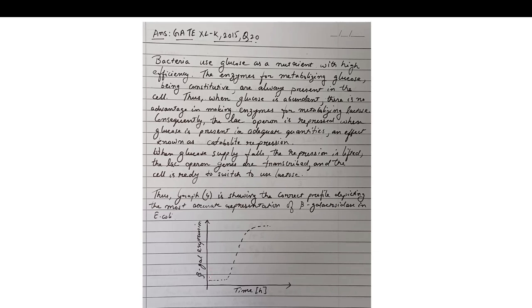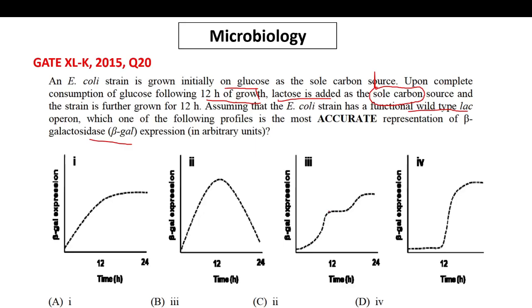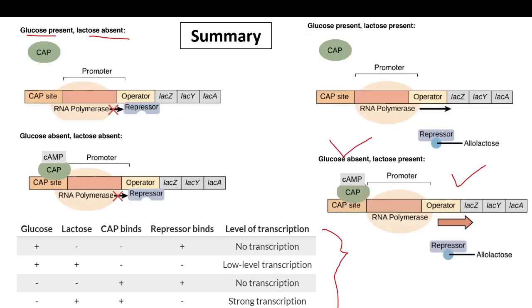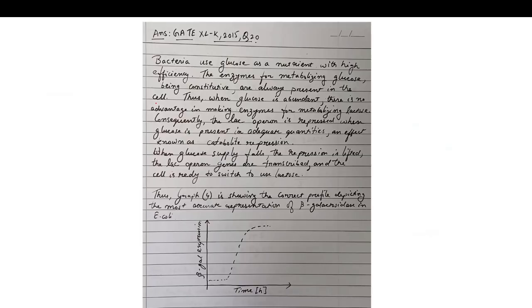So initially, up to 12 hours, there was no beta galactosidase expression because glucose was present and no lactose was present. So previously this condition was happening. So here what you see, the transcription is not there, so the lac operon cannot be transcribed and beta galactosidase cannot be formed. So that's why initially it will be 0.